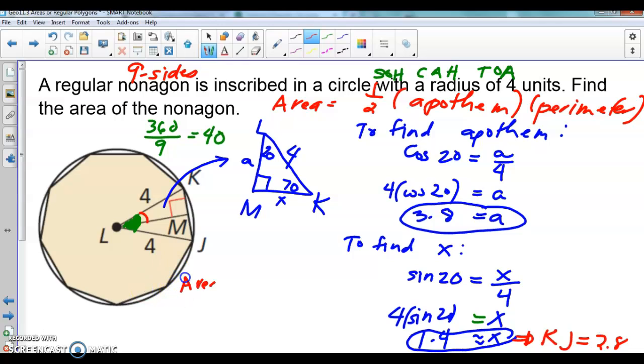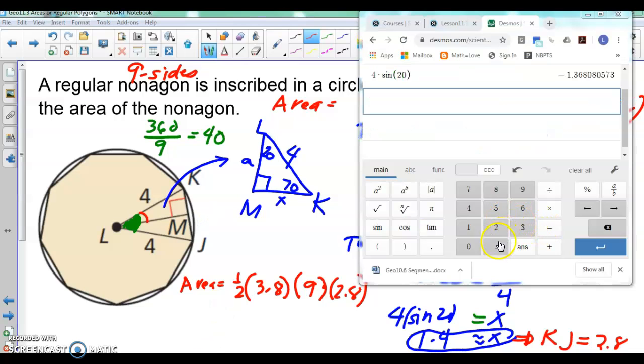So area is equal to 1/2. Your apothem was 3.8, and then it has 9 sides. You're going to multiply that, let me just use parentheses, by 2.8, which is the length of one side of the regular nonagon.